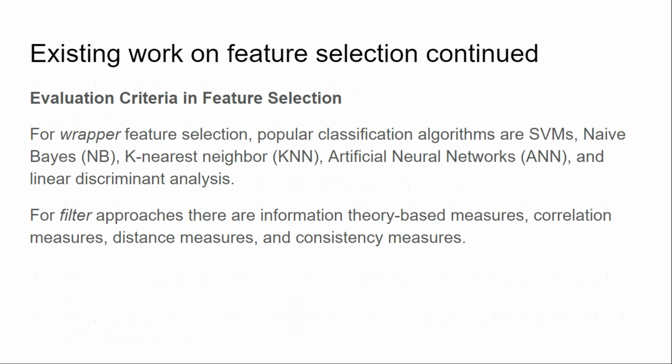As mentioned before, in the wrapper approaches, we use a classification algorithm in the subset evaluation portion of the feature selection process. Some of the popular ones are SVMs, neural networks, and so on. And again, the filter approach to feature selection often uses statistical measures such as theory-based measures, correlation, and distance measures.